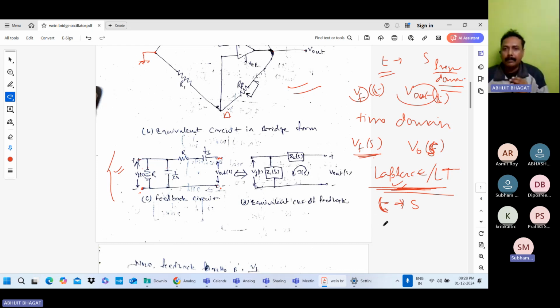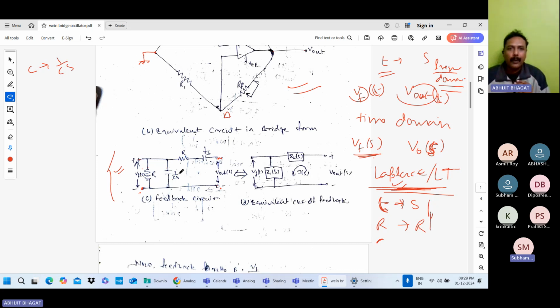In case of components, suppose a resistor. In the time domain, the resistor is R, and in the frequency domain, the resistor is R. Same. In the time domain, the capacitor is C, and in the frequency domain, it is 1 by Cs.